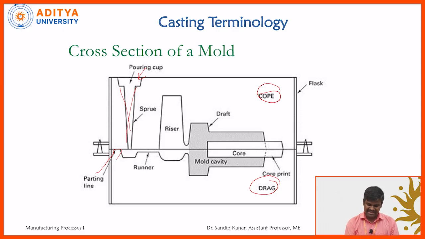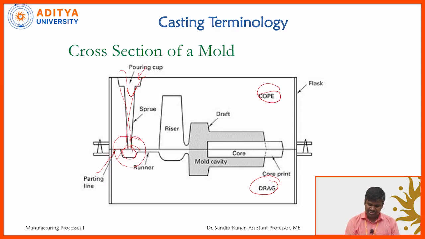After that, next is called the sprue well. Why do we provide the sprue well in the gating system? When molten metal comes through the pouring cup and sprue to the sprue well, it avoids sudden turbulence of the liquid material.